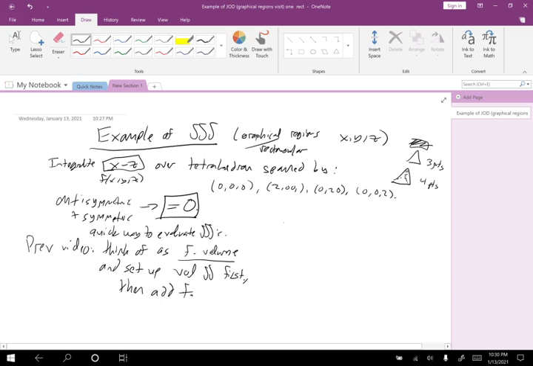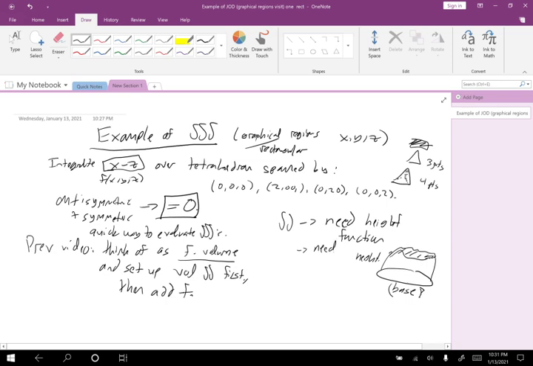So for a double integral, we need the height function, right? Because we're always in the setting where the volume will lie above a graph, and so we'll have access to the base. Actually, we need the base, and then we also need the height. The base is a little easier.